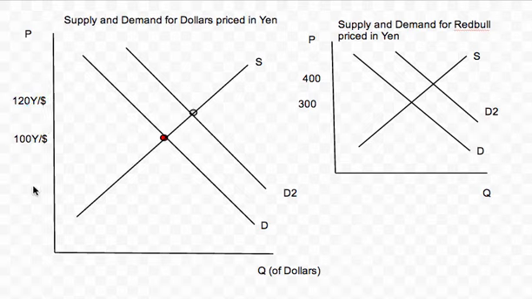So the same concepts that have been going on with supply and demand for products happen also with supply and demand for currencies. So again, you can use a shifting of supply, you can use a shifting of demand, and a new equilibrium will tell you exactly what happens to the exchange rate, and in this case, the exchange rate would be the yen per dollar.